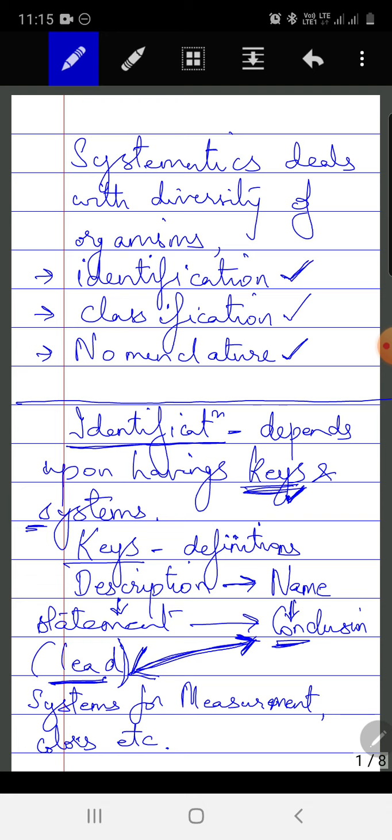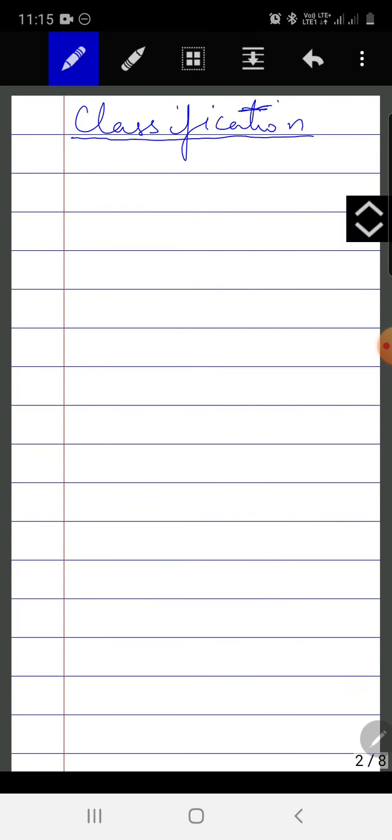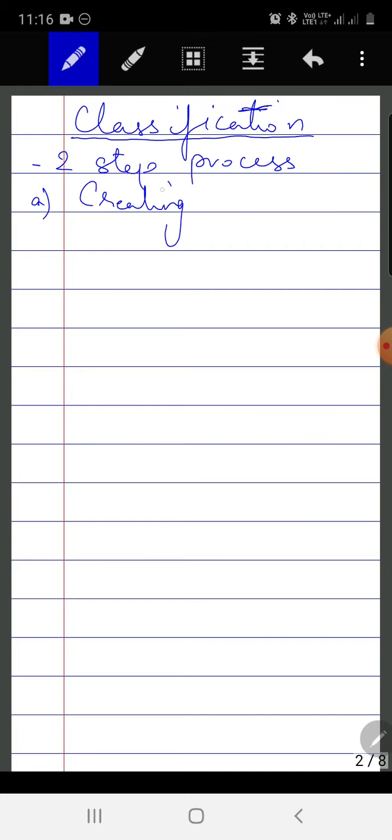First you developed the key, that is hair. Then you said mammals have hair, right? First you developed a system for defining the wings, then you said the birds have wings. So identification is a two-step process. Similarly, classification is again a two-step process. How? First thing, creating systems.